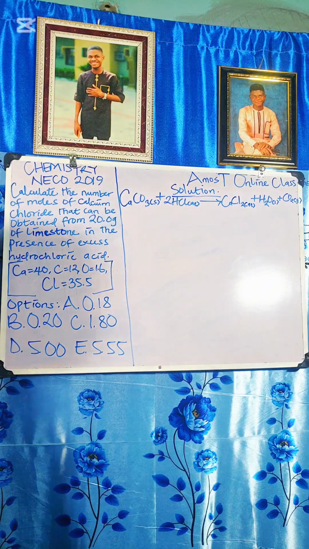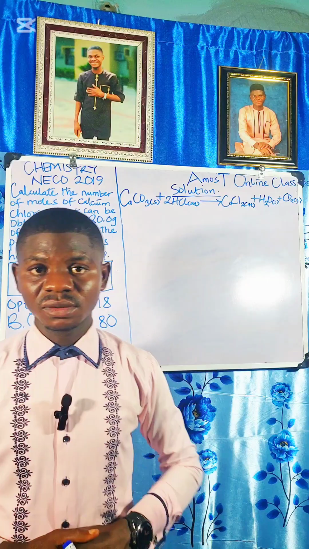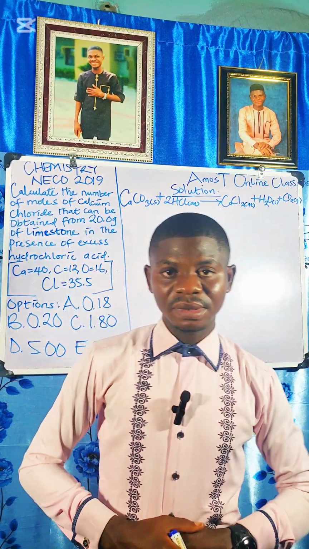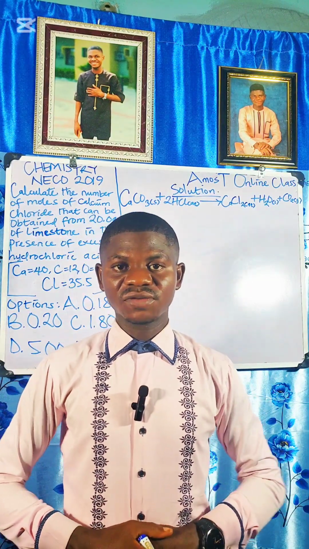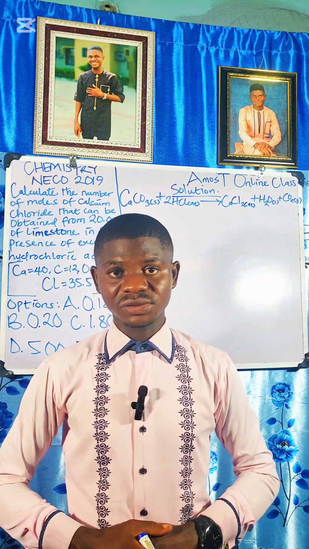The next thing to do is to find the molar mass of limestone. And how do we find the molar mass of limestone? By adding up the molar masses of calcium, carbon, and oxygen.